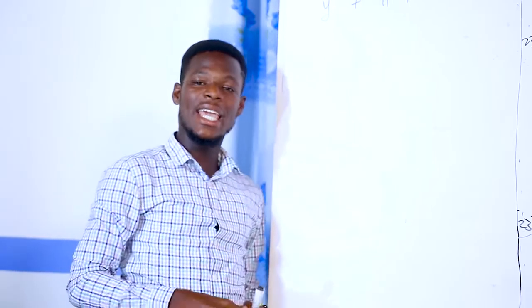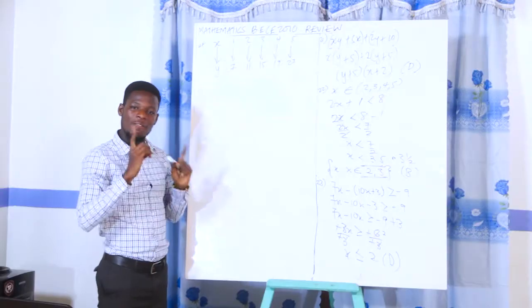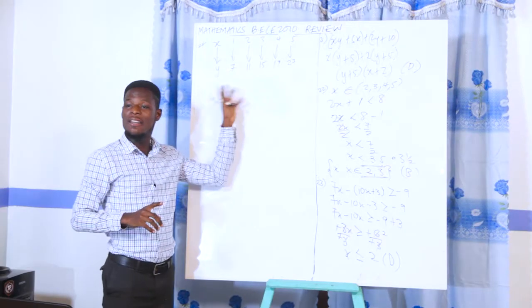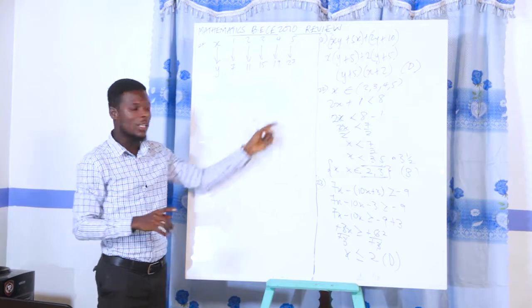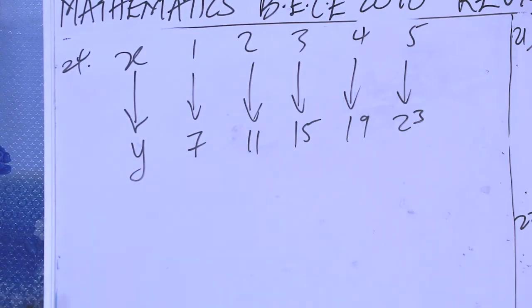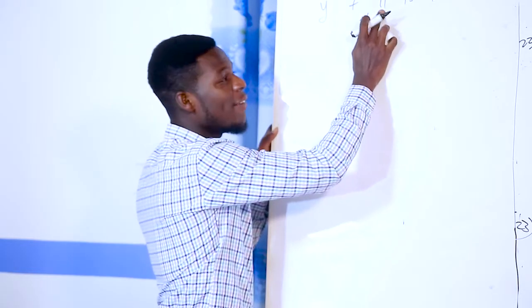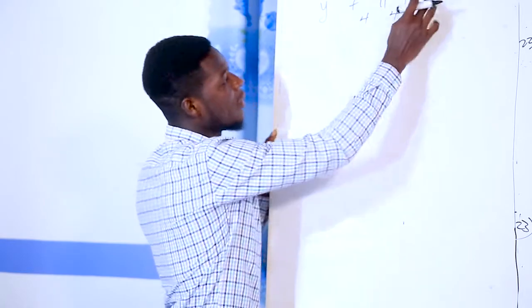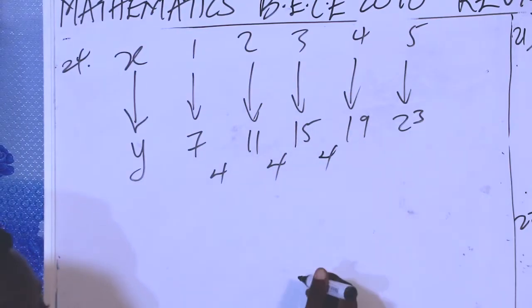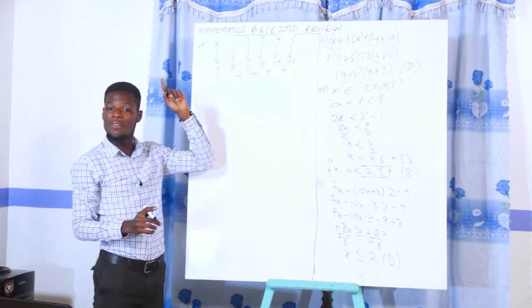To check if the constant difference formula will work, first you have to check the difference between the codomains. So first, 7 and 11, the difference is 4. 15 and 11, the difference is 4. 19 and 15, the difference is 4. 23 and 19, the difference is 4, which means that it has a common difference.